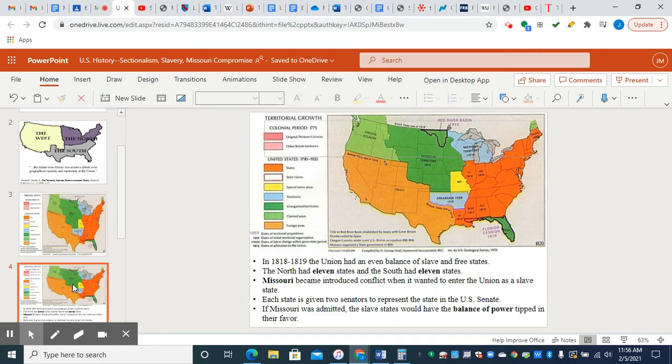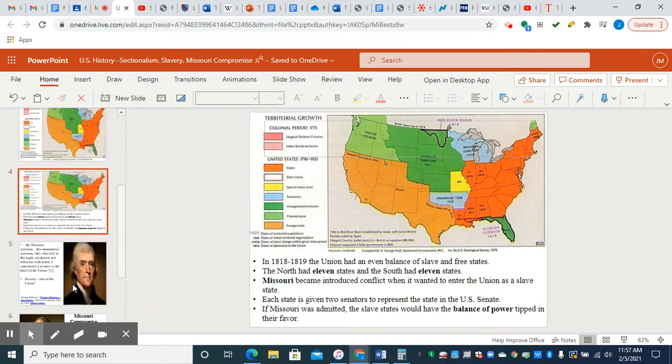But if it comes in as a free state, it's tipped in the power of the free states. So you have this issue between both sides of the Union where other states have been allowed to join without all this problem. But now Missouri comes in, and Missouri represents an issue over the competition for power in the Union.